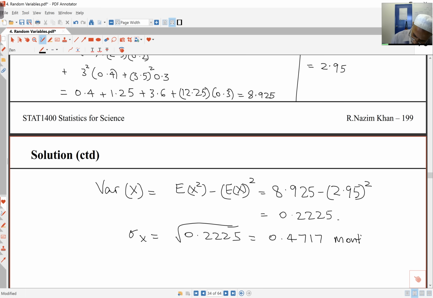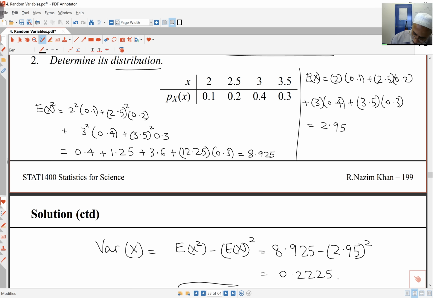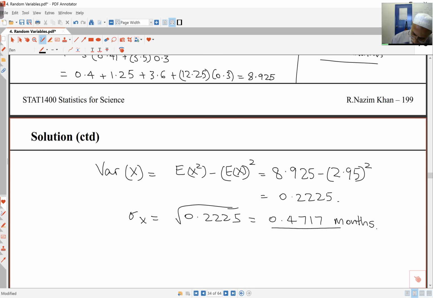That makes much more sense. So what I've got here is the mean time to completion was 2.95 months, and the standard deviation of completion is 0.47 months.